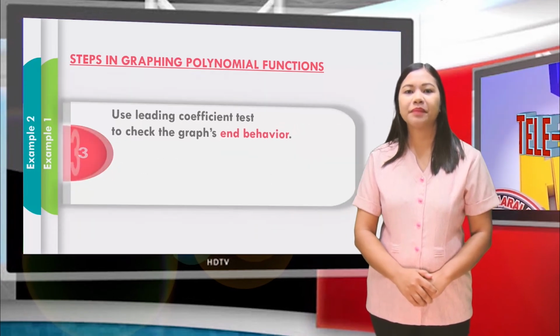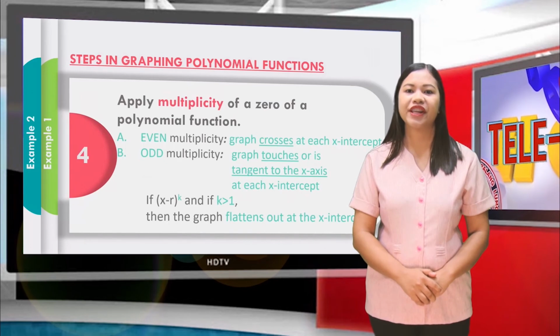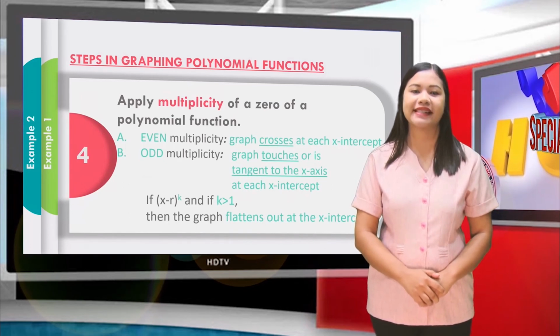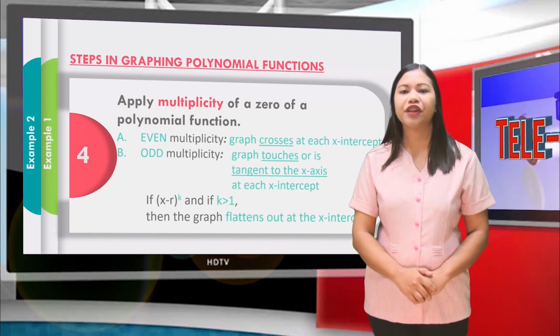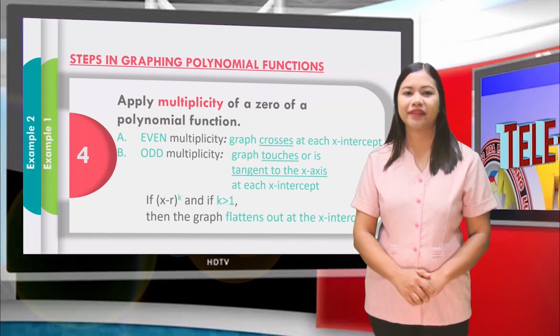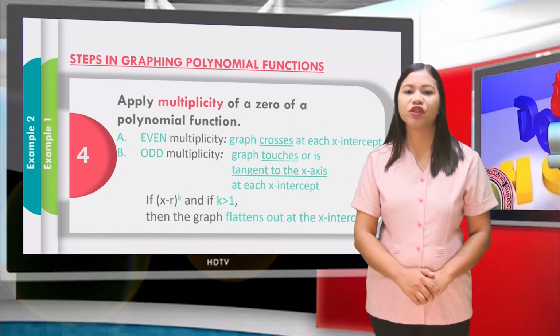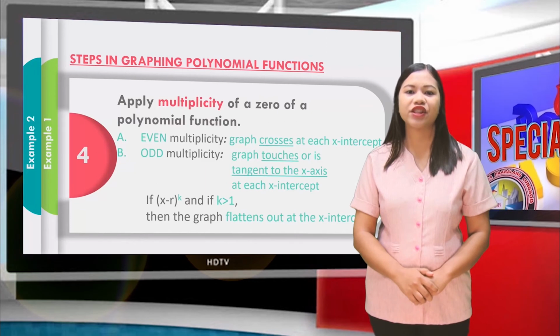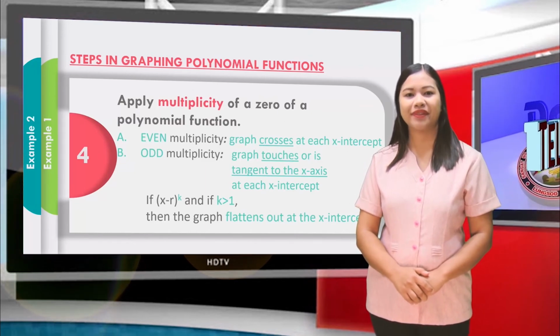To apply multiplicity of a0 of a polynomial function, consider these conditions. If it is an even multiplicity, the graph crosses at each x-intercept. If it is an odd multiplicity, the graph touches or is tangent to the x-axis at each x-intercept.